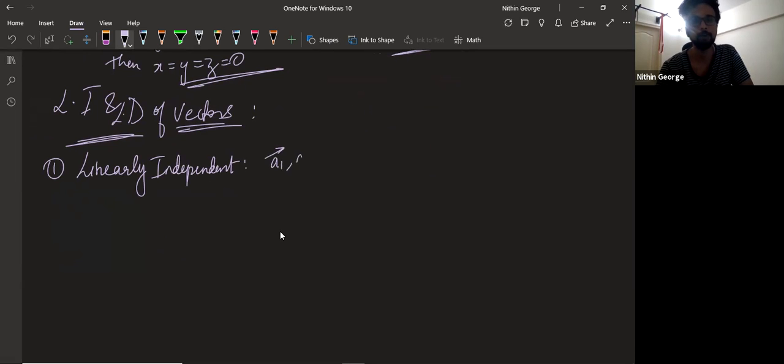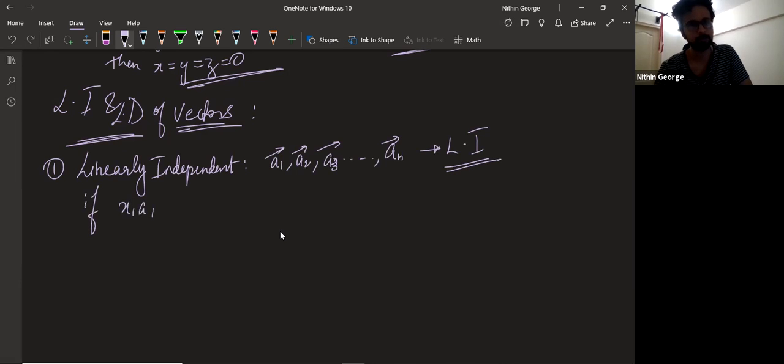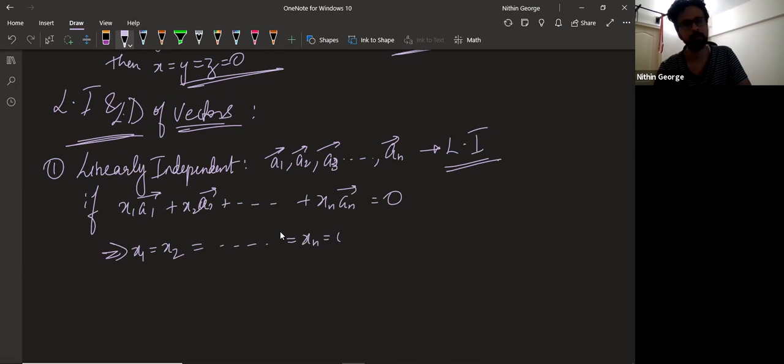So A1 vector, A2 vector, A3 vector, all the way up till AN vector are all linearly independent if x1 A1 plus x2 A2 up till xn AN equal to 0 implies only one thing, that is x1 equal to x2 equal to xn equal to 0.